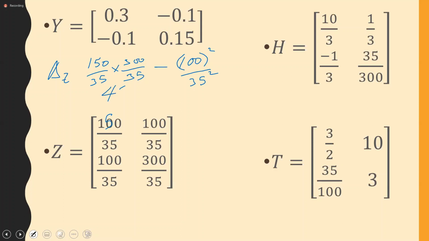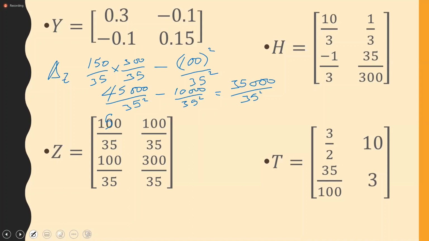So we get 45,000 over 35 squared minus 10,000 over 35 squared. So that gives us 35,000 over 35 squared.